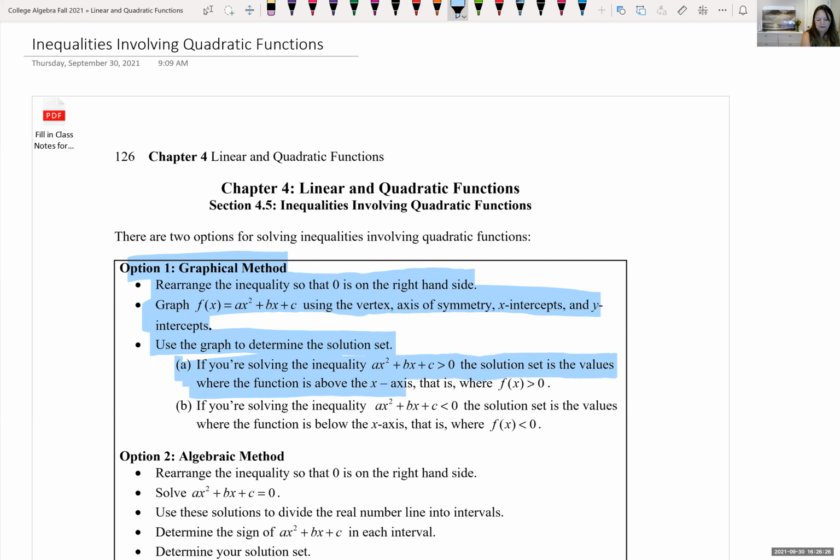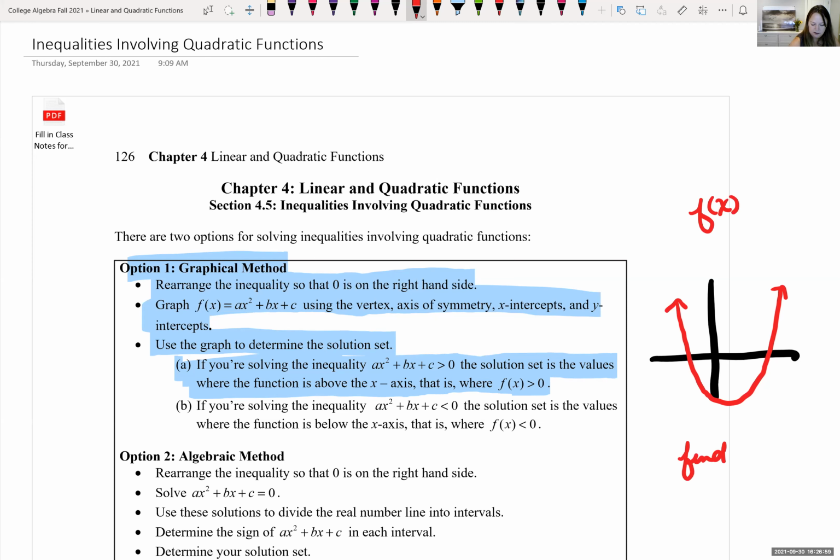For instance, let's say that we had some graph, and let's say it looked like this. And we want to find when f of x is greater than 0.